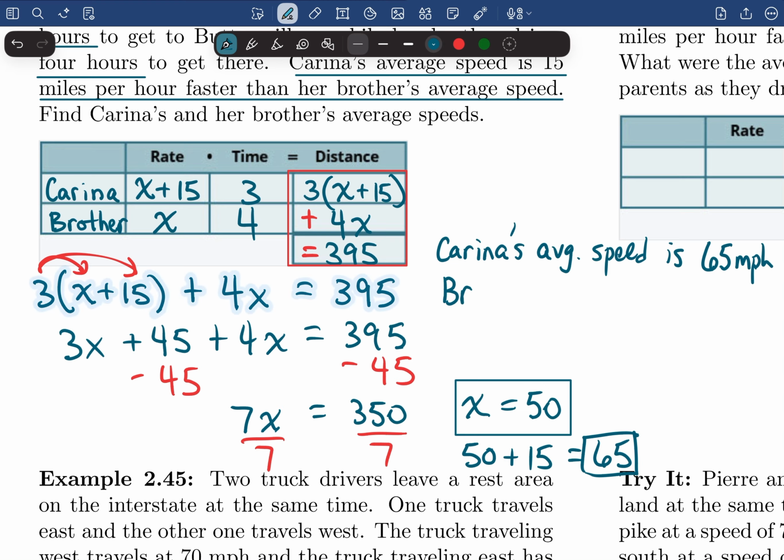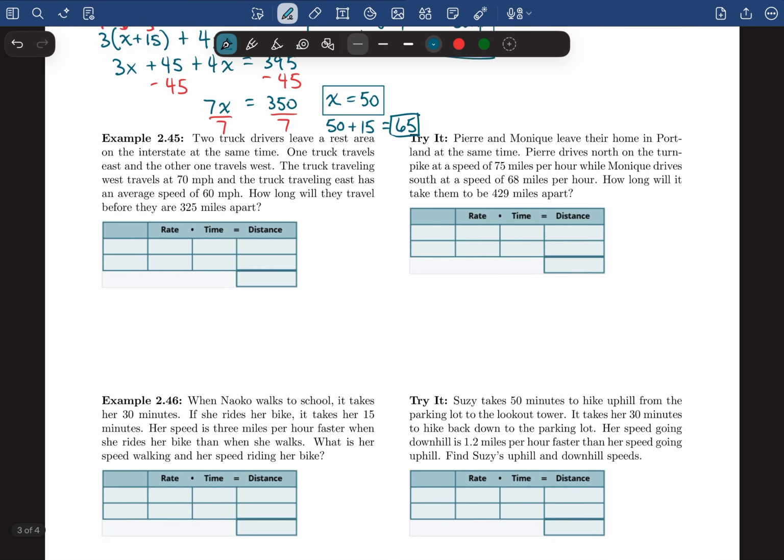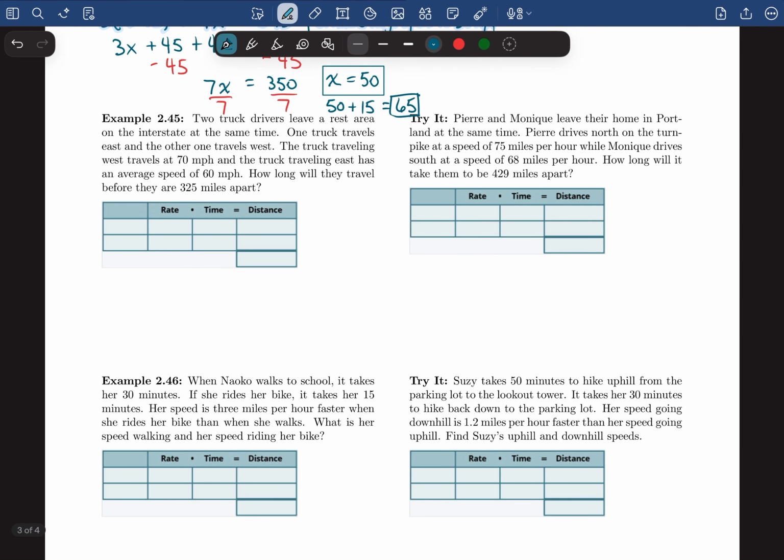And her brother's average speed, it was just 50. That's what we originally found. Awesome. We have solved this uniform motion application. All right, we're going to jump into a couple last examples.